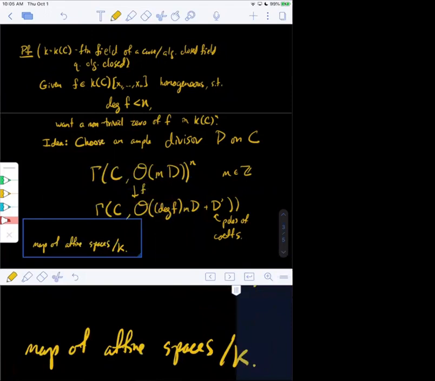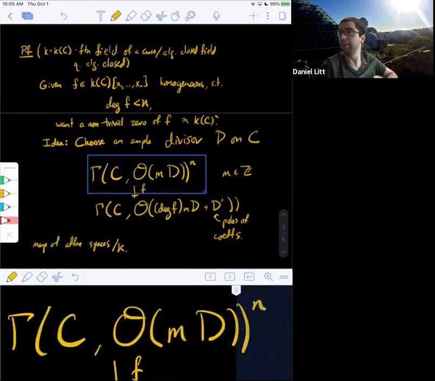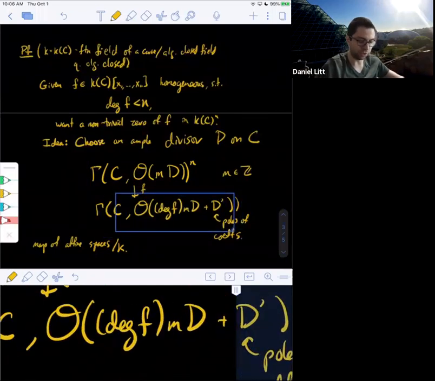Can you repeat that again? Yeah. All I'm doing is taking these rational functions on C. A section of O(MD) is a rational function on C with some bounded poles. Then I'm just plugging them into f, which gives me another rational function on C, and I'm claiming that the poles of that new rational function are bounded by this.